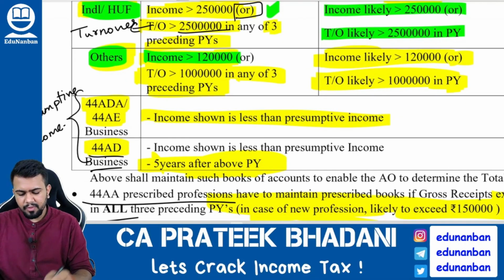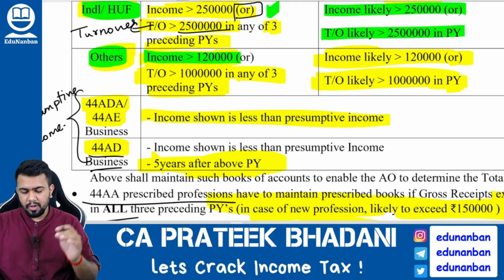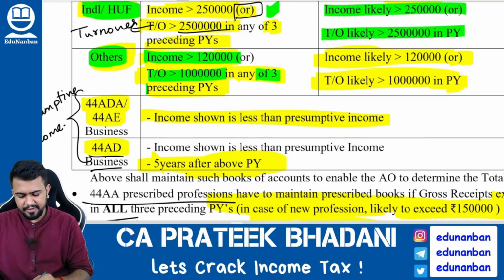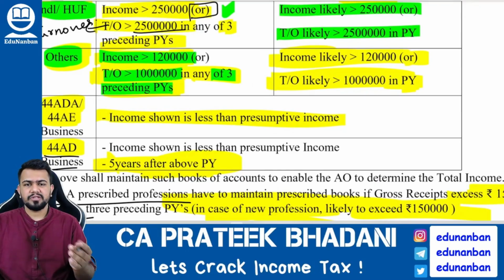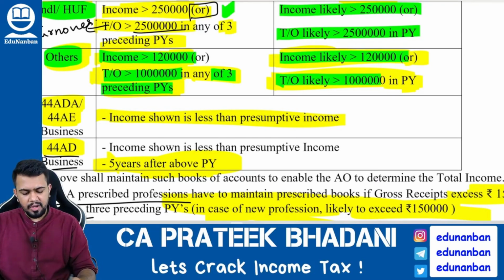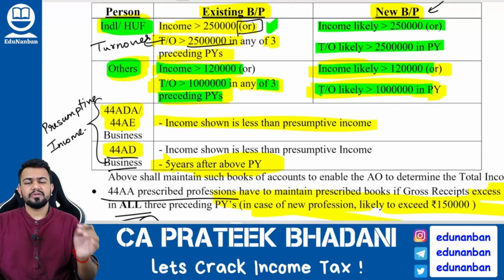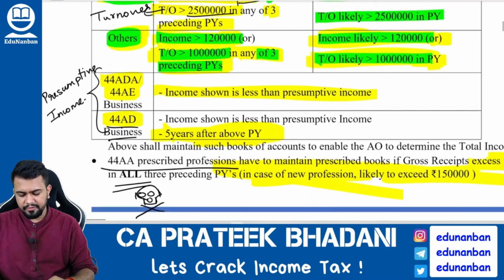If the income is more than 1,20,000 or turnover is more than 10 lakhs in any of the three preceding previous years, in such case they should compulsorily maintain books. And if it's a new business or profession, if income likely to be more than 1,20,000 or turnover is likely to be more than 10 lakhs in the previous year, then also they have to compulsorily maintain books of accounts.